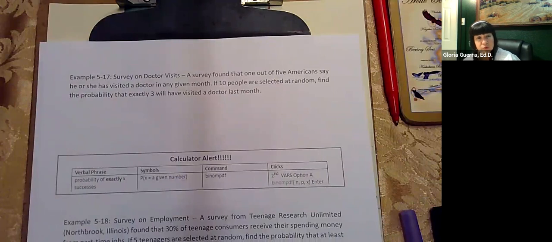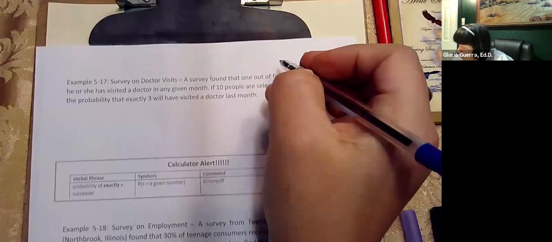These are what these problems look like. Survey on doctor visits. A survey found that 1 out of 5 Americans say he or she has visited a doctor in any given month. So here's your probability, 1 out of 5.